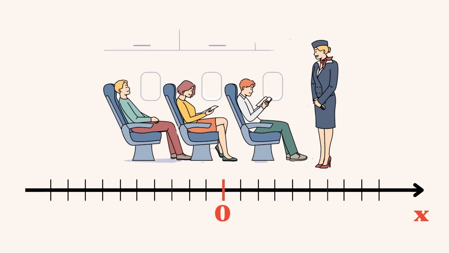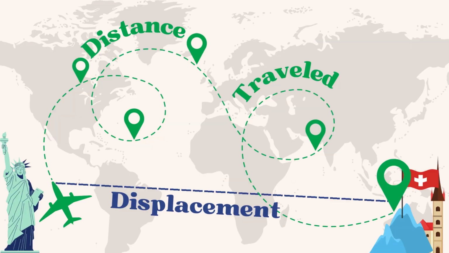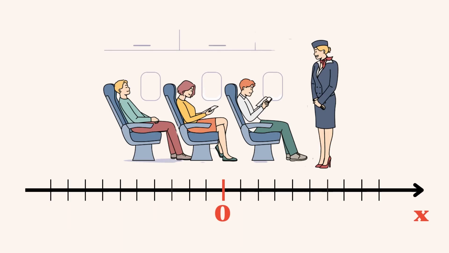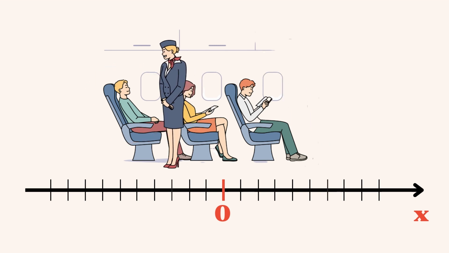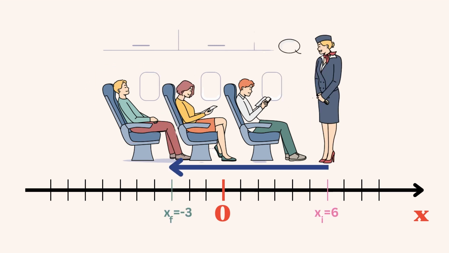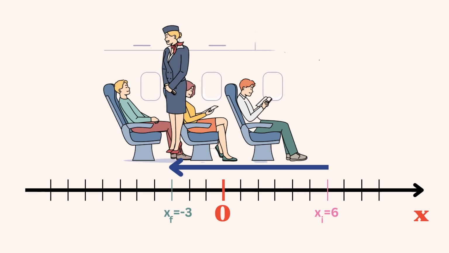So obviously the flight attendant is not jumping up and down, so we do not need y-axis, we just need x-axis. And let's say that the flight attendant needs to get to the third passenger, which is this guy over here. She will travel in a straight line, like so.